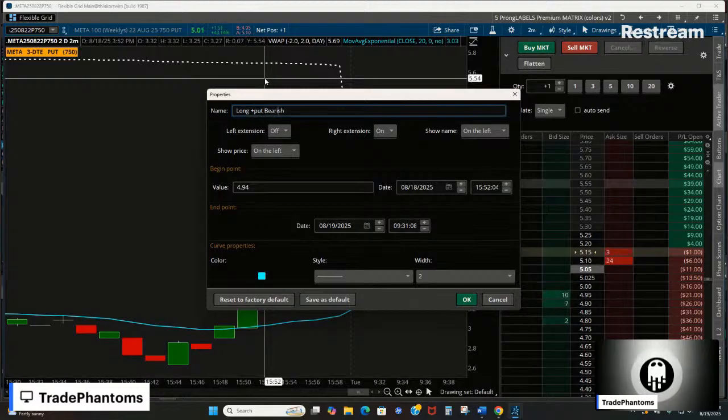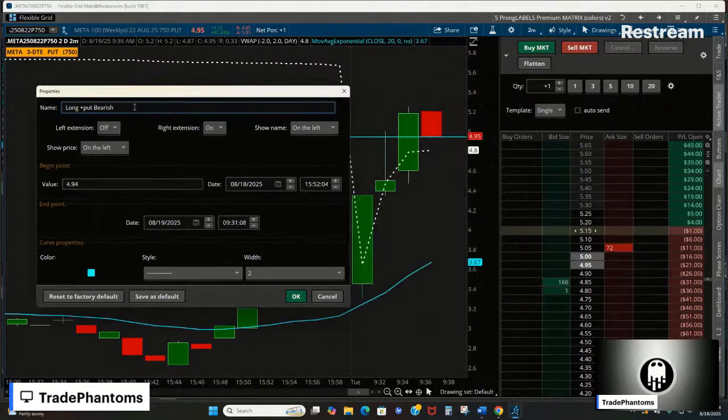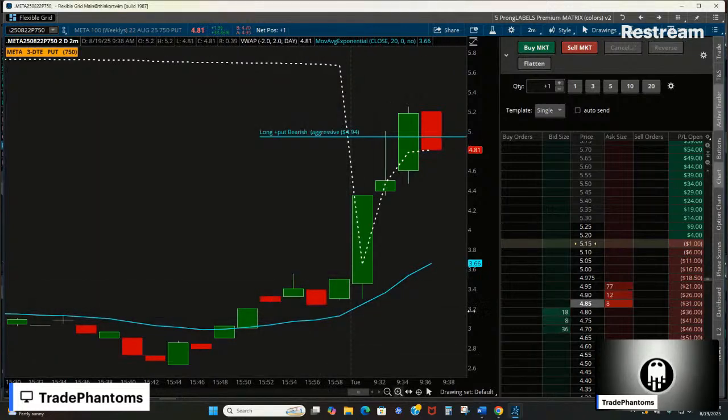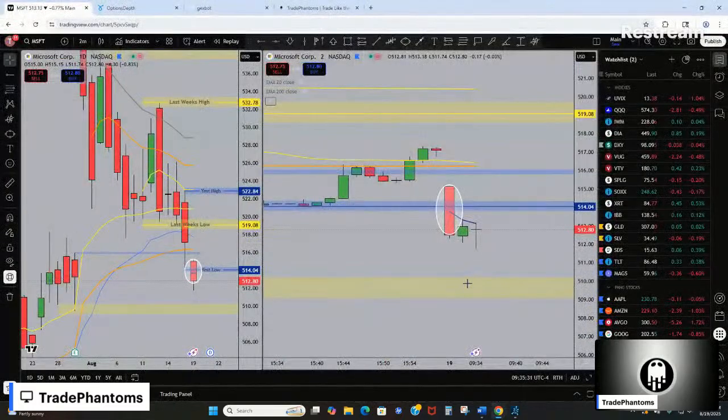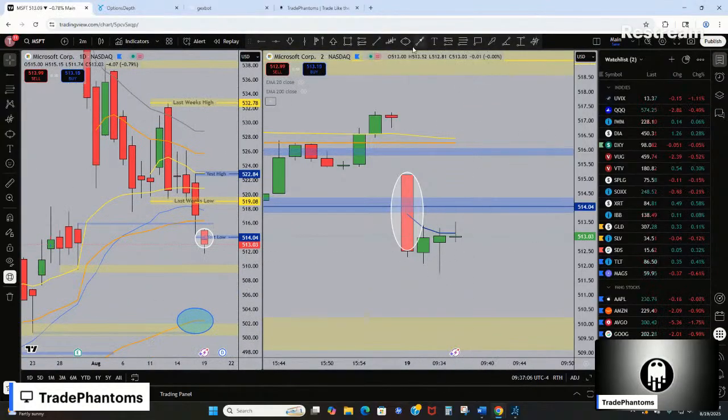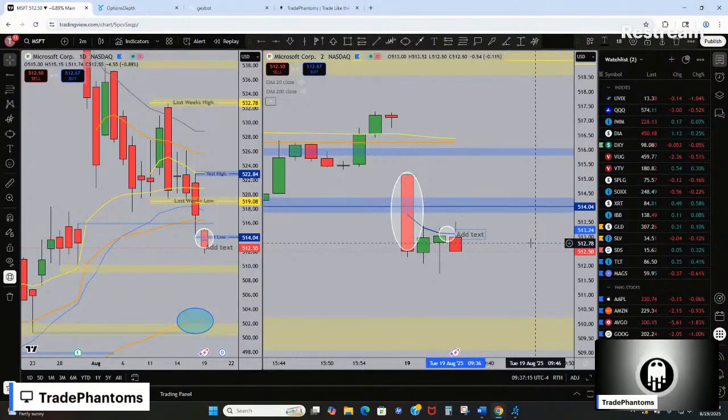I'm not even big size here. Remember sells, so at or around here, it got sold short. All right, bearish, bought a put, which is bearish. This is Meta, counter to the higher time frame trend. Be careful.